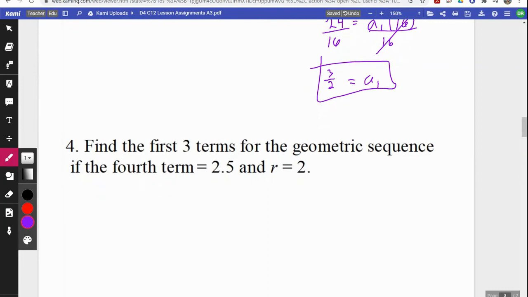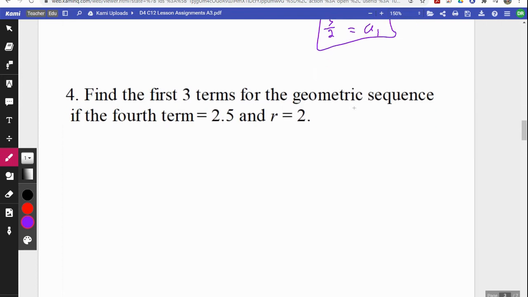Find the first 3 terms for the geometric sequence if the 4th term is 2.5, and we know that r is 2. So kind of the same situation. There are 2 ways to do it, but we want to start with finding the first term, so I'll do it that way first.